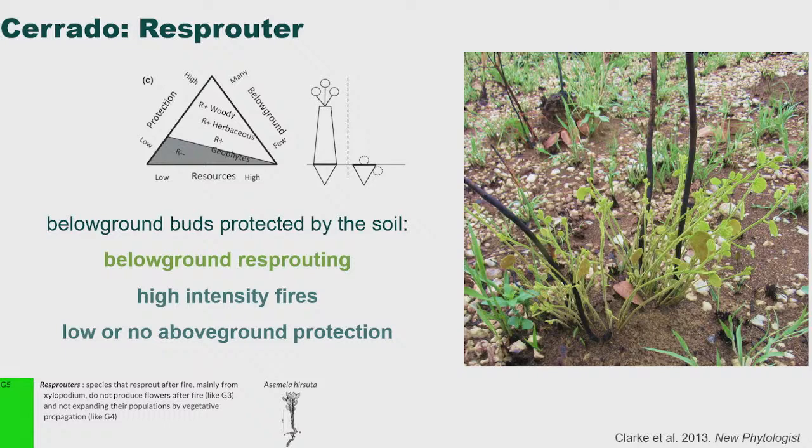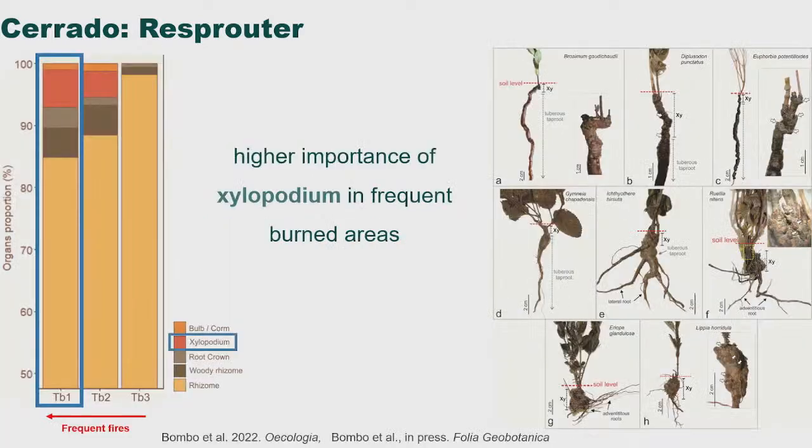And these plants will rely only on below ground resprouting. So to do that, they need to have below ground organs with buds that will let them resprout after fire. Among these plants we find most of the forbs, and also some shrubs and some trees.